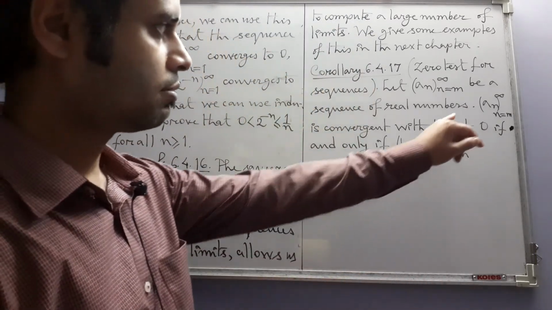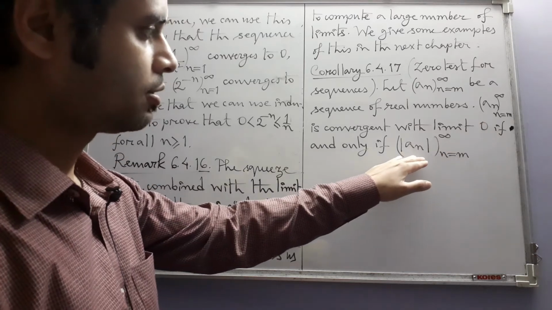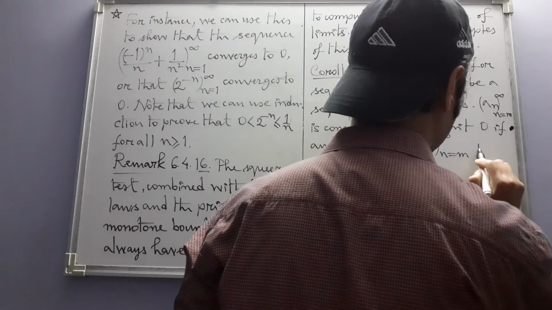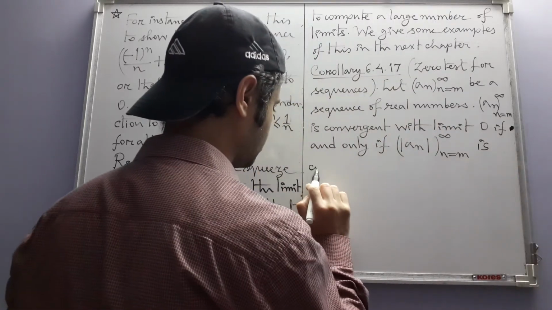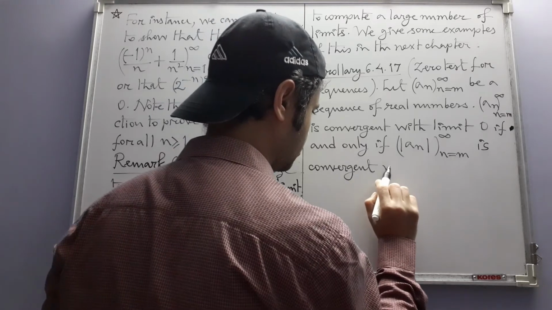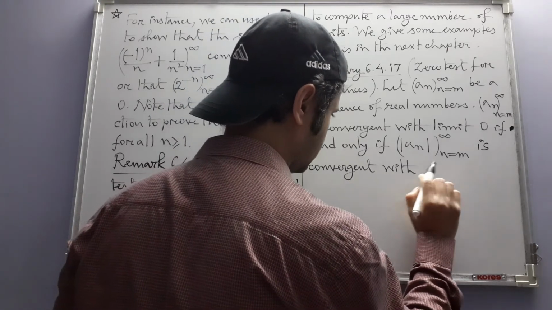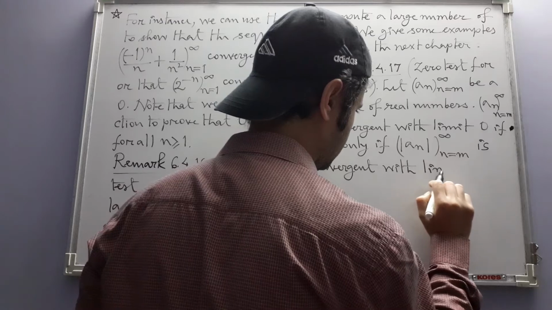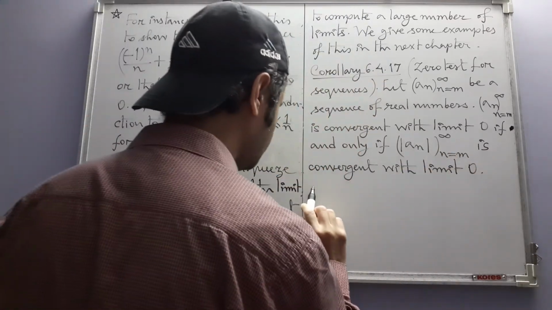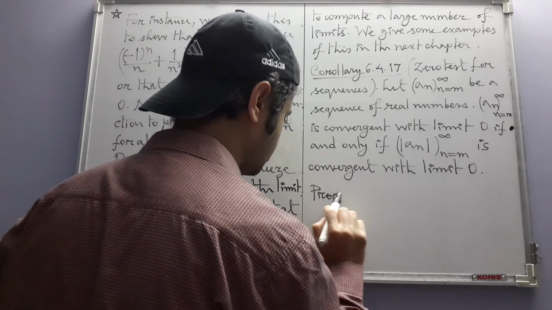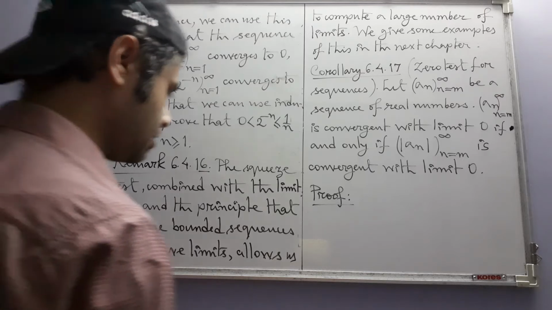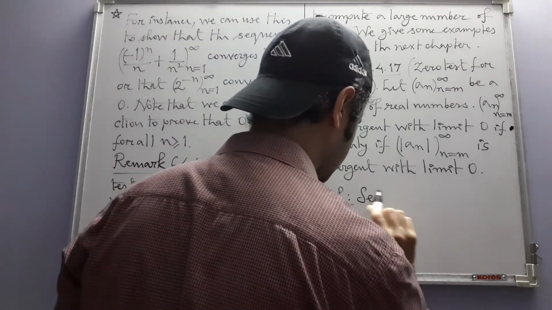We obtain this sequence from that one by taking absolute values of the elements of the original sequence. Its proof also we will see in the exercises, and that is the 7th exercise.